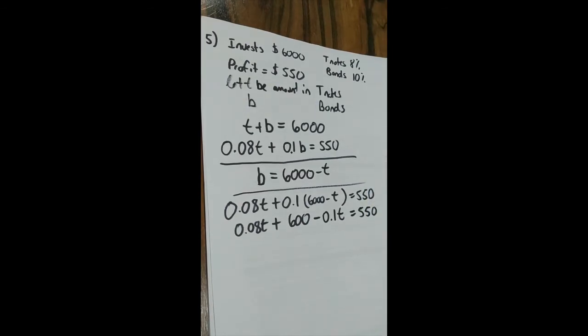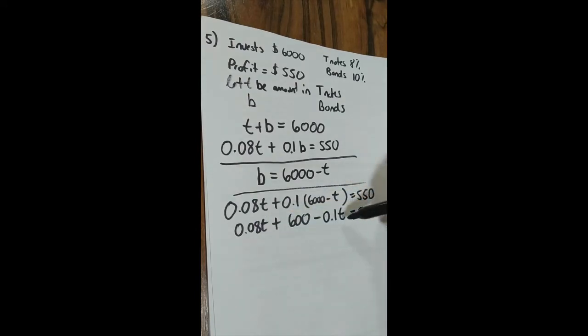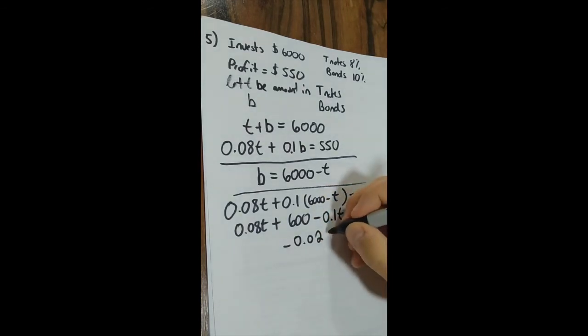Now we're just going to combine the like terms. If I combine 0.08T and subtract 0.1T, I end up with negative 0.02T equal to, and if I subtract 600 from both sides, negative 50.